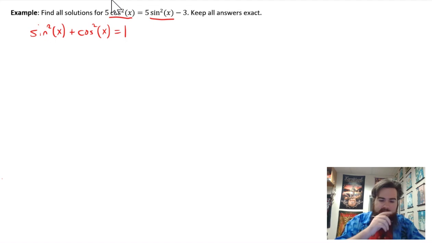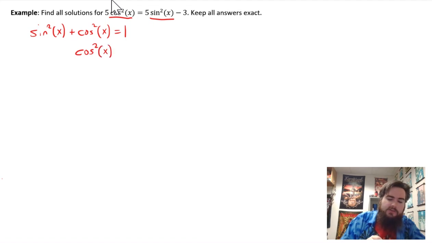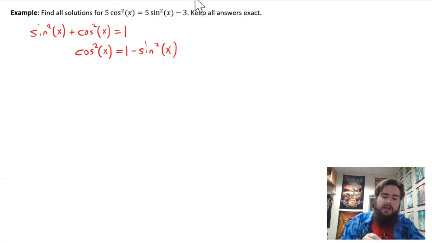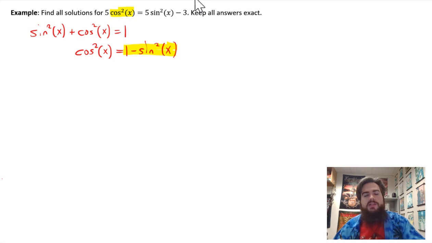For example, let's say I wanted to replace cosine squared, I can use this Pythagorean identity to rewrite cosine squared as 1 minus sine squared of x. And that would allow me to take this expression, 1 minus sine squared of x, and replace that where I have cosine squared of x in the original equation, since I know that they both equal each other.